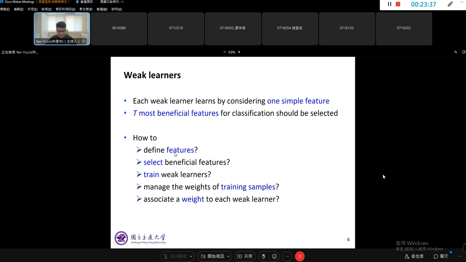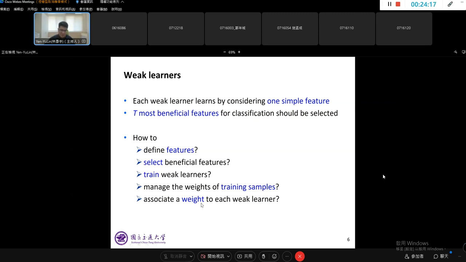It is less relevant to AdaBoost, but you need to give the representation of the data point you are dealing with. After defining the features of all the training data, how to select a small subset of beneficial and complementary features, how to construct the weak learner, how to manage the weight of the training data, and how to associate the weight to each of the weak learners.